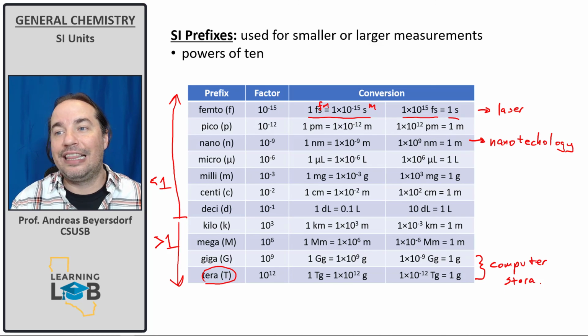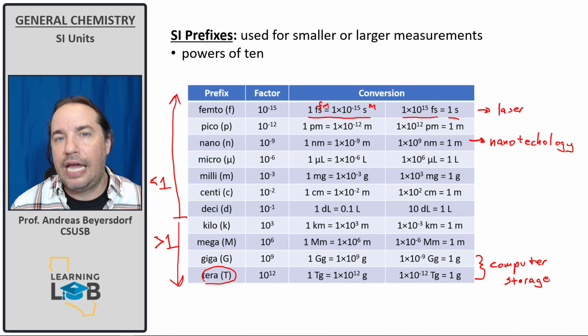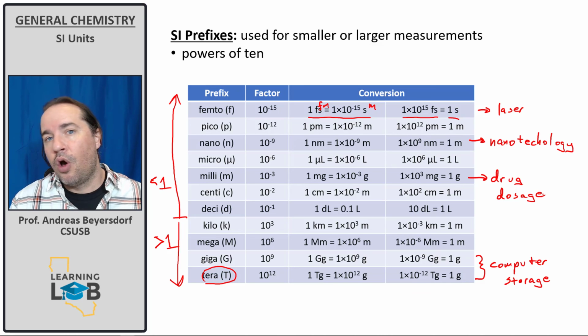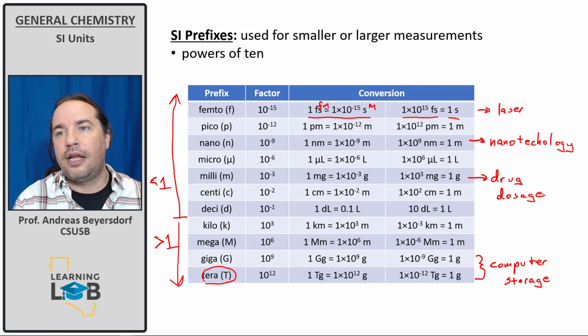This is just a lot of memory in a computer. And then finally, many drug dosages are in milligrams. Right? So if you have a vitamin or some medicine, it'll tell you how many milligrams you're supposed to take per day.